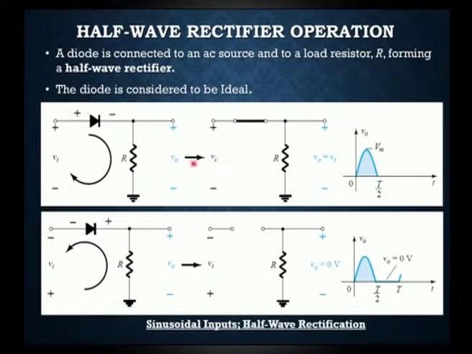If we consider the polarities like this, the output voltage will be V0 equal to Vi, only during the positive half cycle of the input. The amplitude Vi of the input voltage will appear exactly as the output only in the positive half wave.